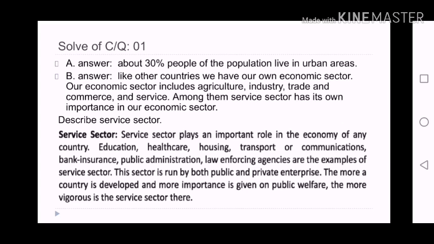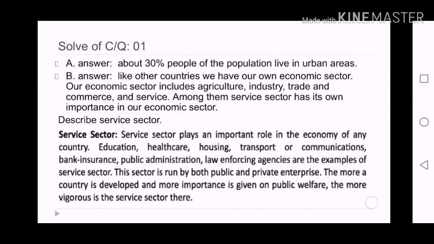In a country, if the service sector is improved, that means the lifestyle of the people of that country is improved. You can also write these things in this explanation of the service sector. That will cover the answer of question number B.